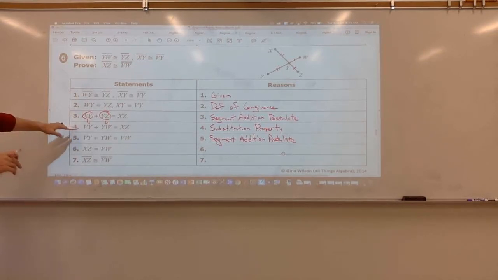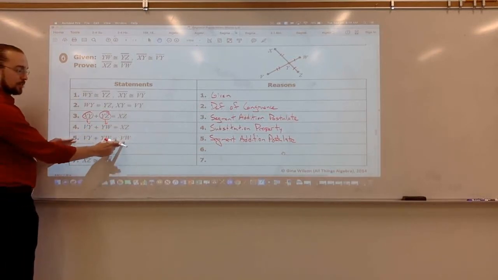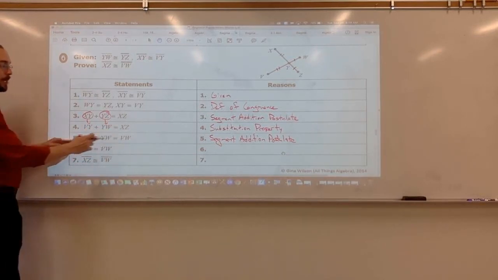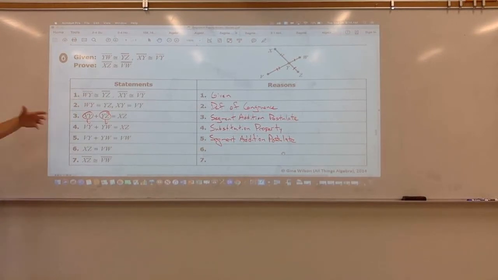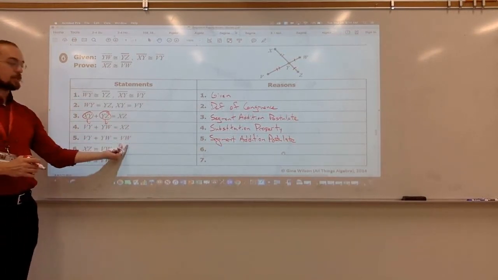Well, the only thing that changed from line 4 to line 5 was XZ to VW, and I don't think anywhere we already claimed that XZ was equal to VW.